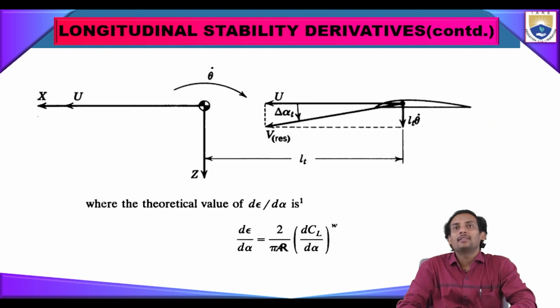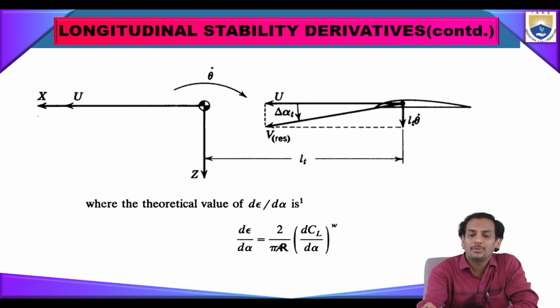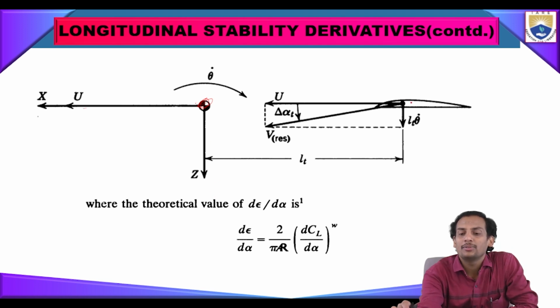So the next thing, if you want to express that, like you see here, this is the aerodynamic center, and in the tail direction the incident angle of attack will be d alpha t, and here the incident lt into theta dot.